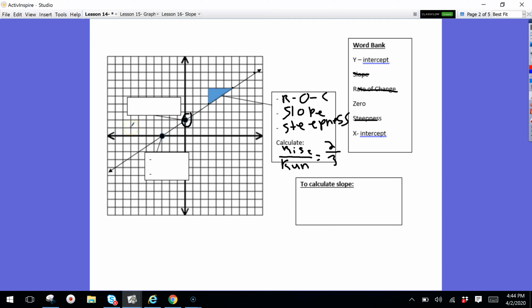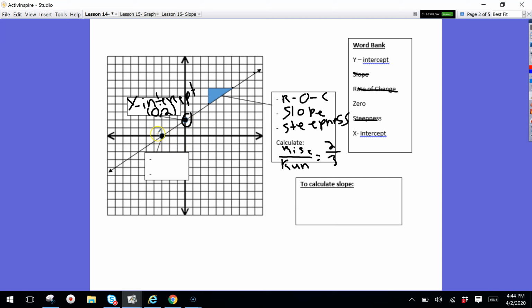So this is called a y-intercept. And again, it is a coordinate, so we are going to write it as a coordinate. It is the point (0, 2). Notice that the x is always 0 at the y-intercept. That's what makes it a y-intercept.